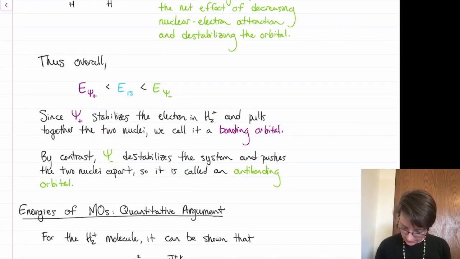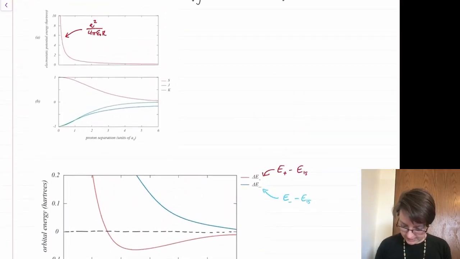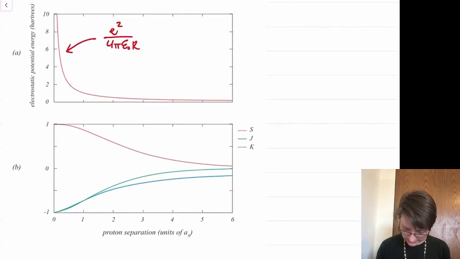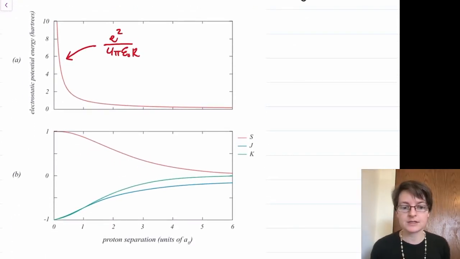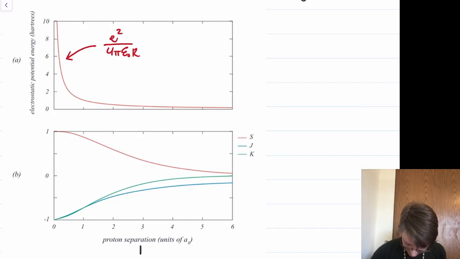Let's go ahead and plot what these look like so that we can see the various integrals and then see what the overall effect is on E plus and E minus. Shown here, and let me zoom in a little bit, are the shapes as a function of capital R, our internuclear separation, of my S, J, and K integrals.